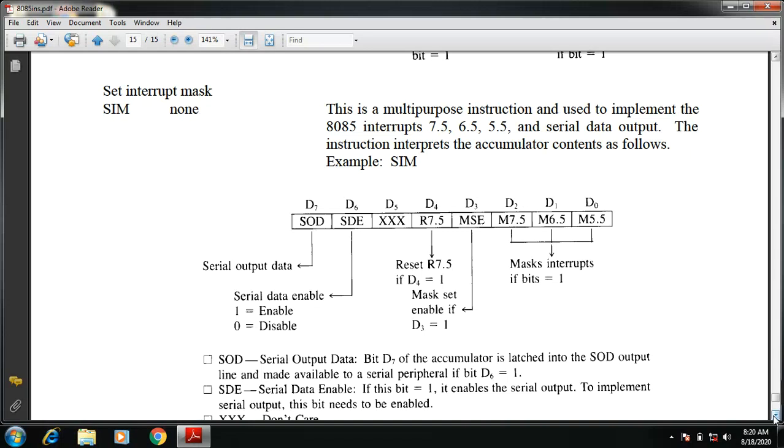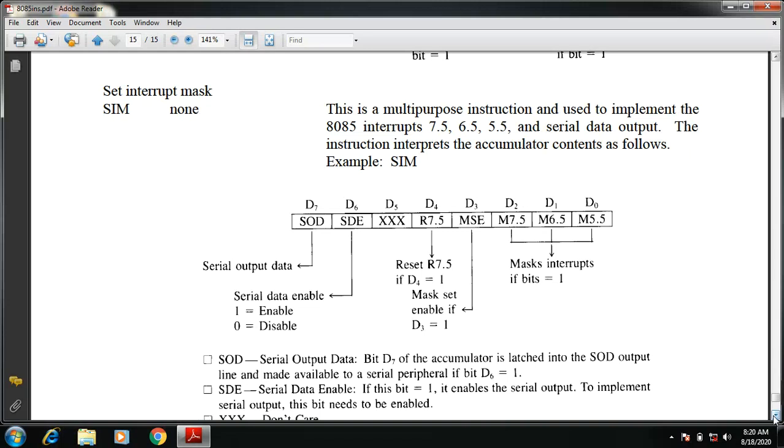Likewise, MSE means mask set enable. If the D3 bit is 1, the mask set is enabled. The next is reset 7.5: if D4 equals 1, it resets the RST 7.5 interrupt.